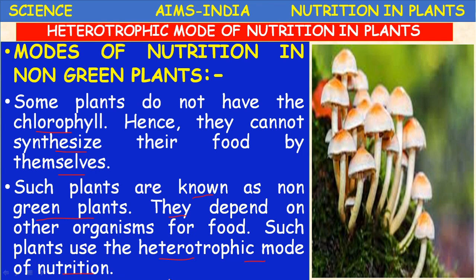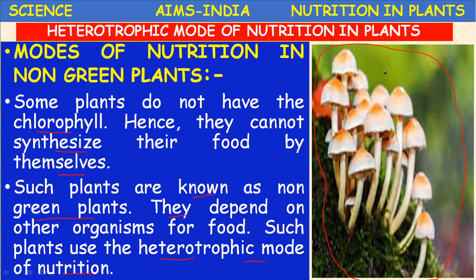Example, fungi. Fungi are also living organisms that belong to the plant group. Certain bacteria also belong to the plant group because their cell structure is similar to plants, so they are included in the plant kingdom.